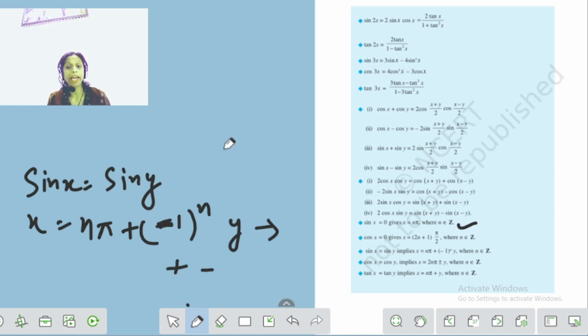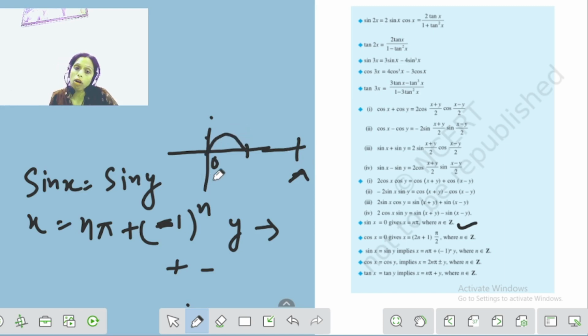How does it appear from a graph? You see the sine graph, the sine x graph. You know it well.